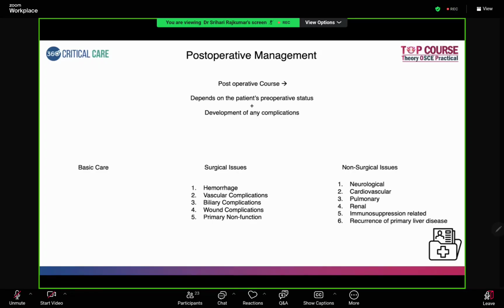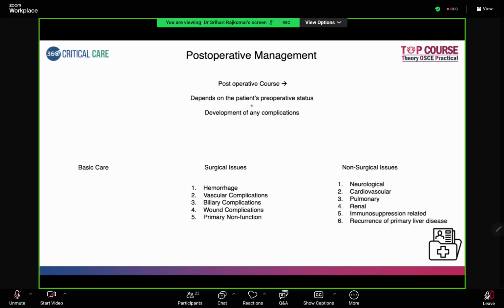So coming to the post-operative management, you can classify it into three parts: basic care, surgical issues, and non-surgical issues. Whenever you see a patient post-transplant, you always have to look for surgical and non-surgical complications.